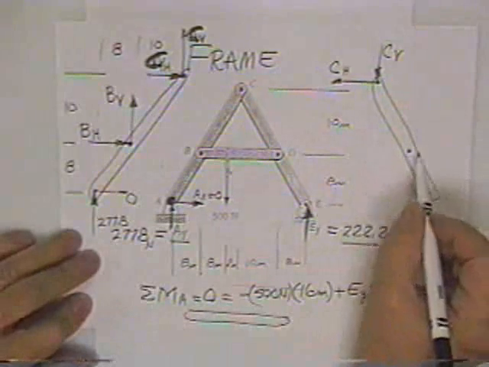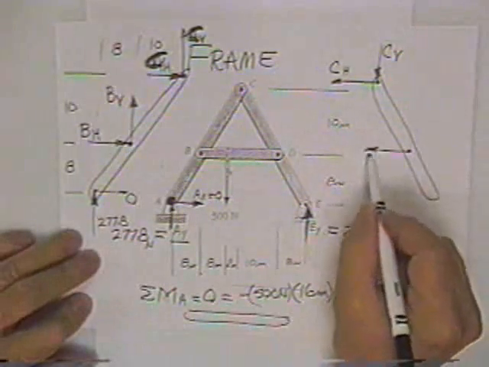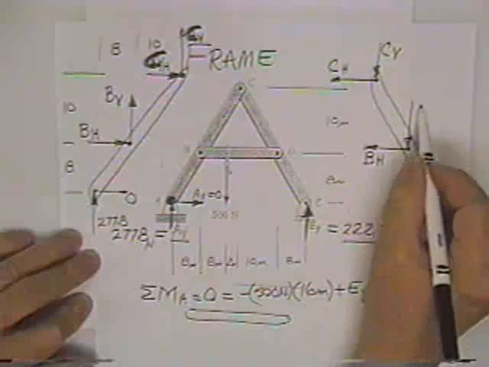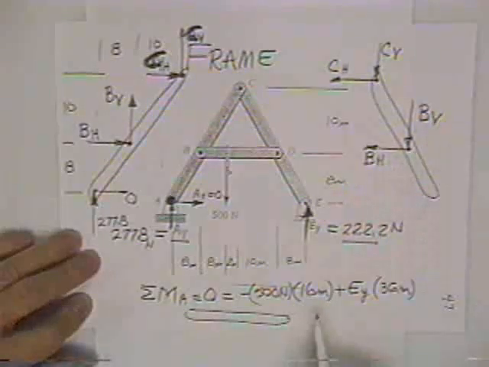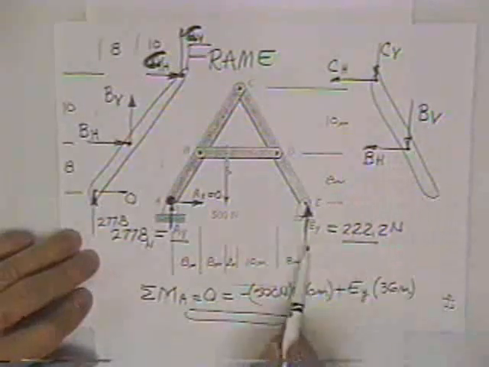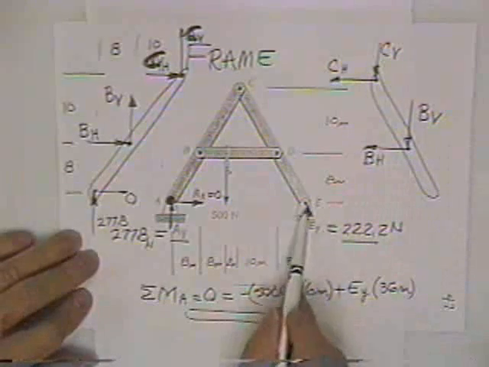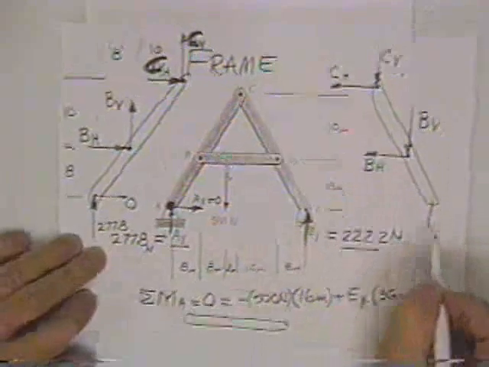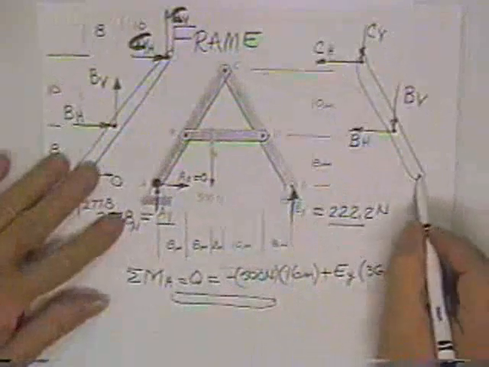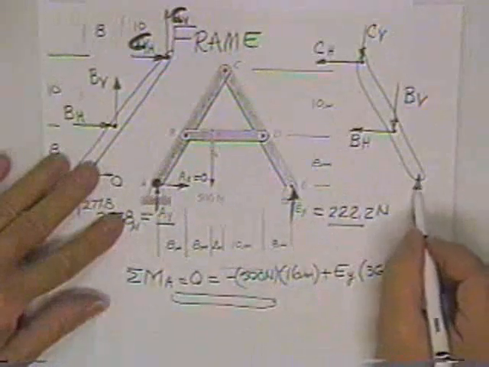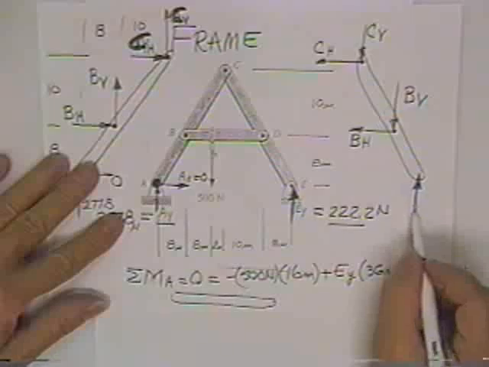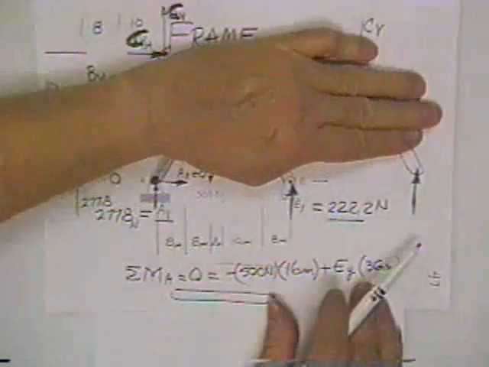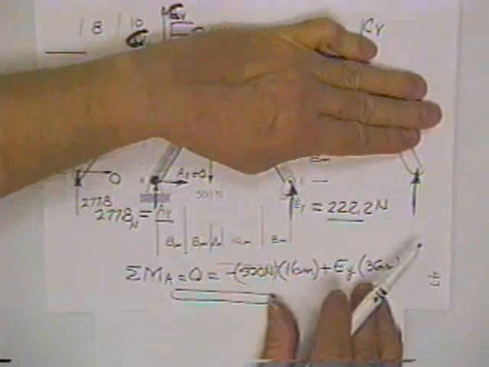Then here has to be B horizontal and here has to be B vertical. And then on this one, you may look at it and say, well, since he showed this up, he'll be showing this one down. Not so. This one gets shown up. And the reason it gets shown up is because it's the same member.